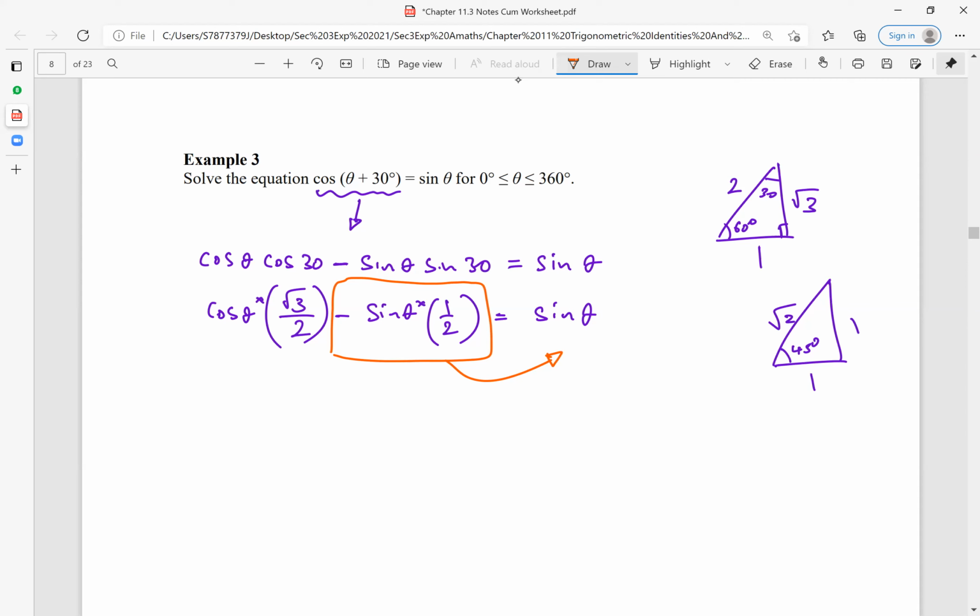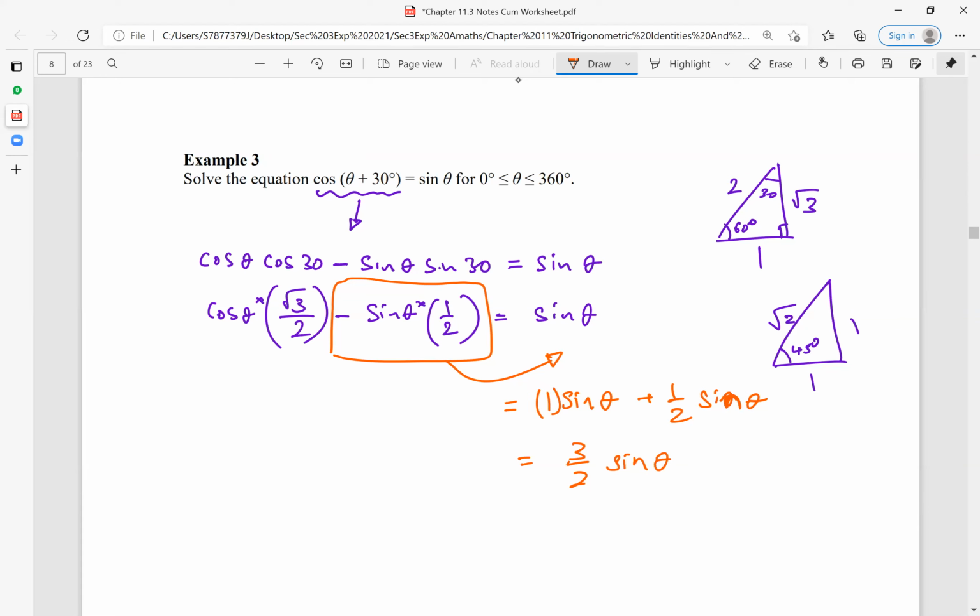Okay, so let me just move this over. So you get sine theta plus half sine theta. So this is basically 3 over 2 sine theta, correct or not? Can you imagine this? There's a 1 here.